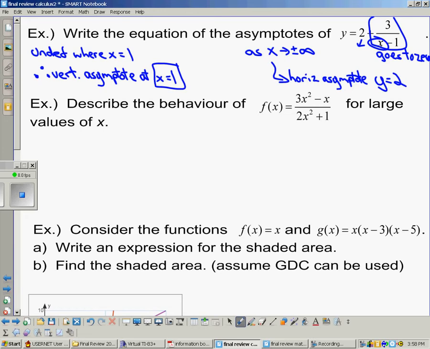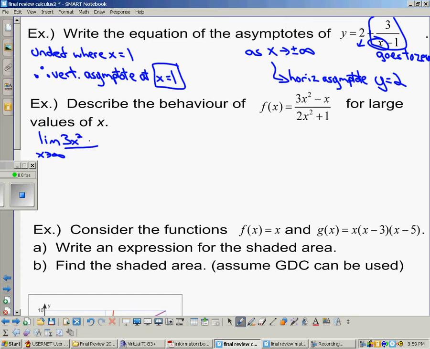Describe the behavior of this function for large values of x. This is essentially the same as asking you about horizontal asymptotes. You have 3x squared minus x over 2x squared plus 1. And we're looking at the limit as x goes to, let's say we'll just look at positive infinity to start with.